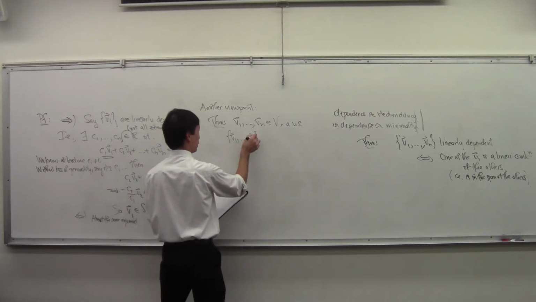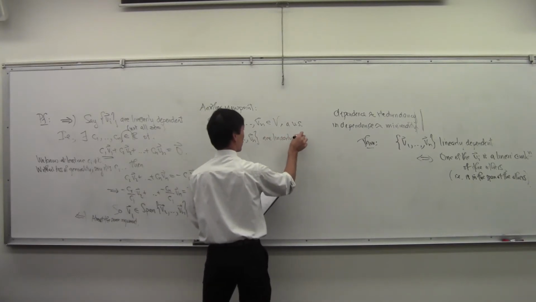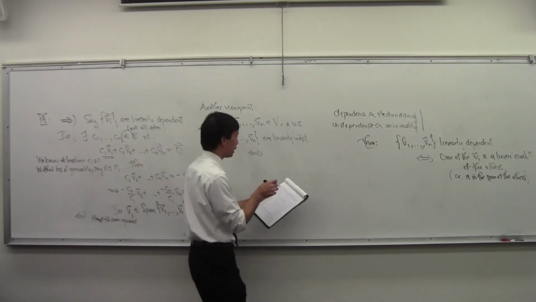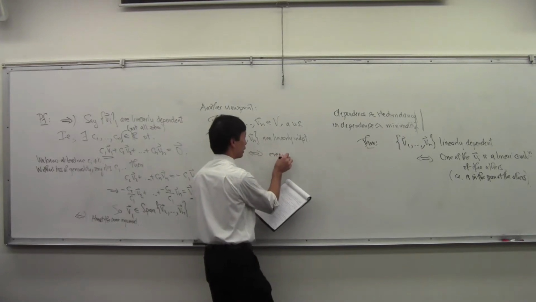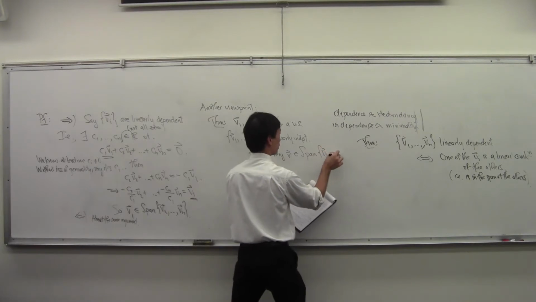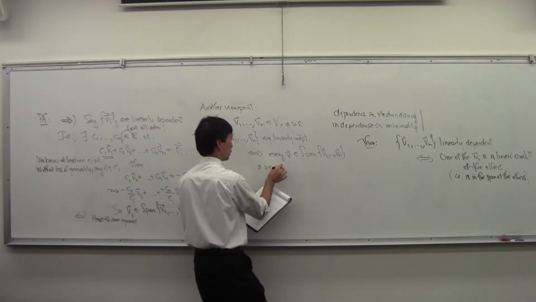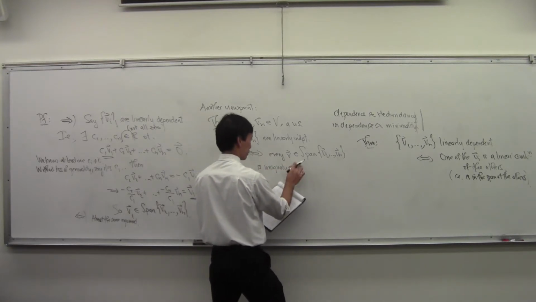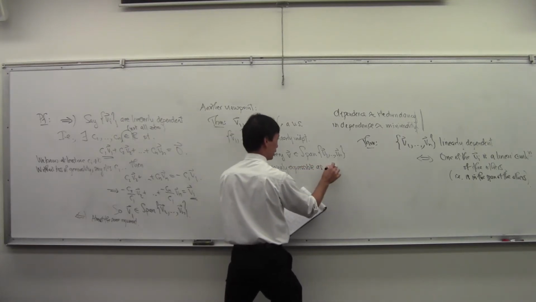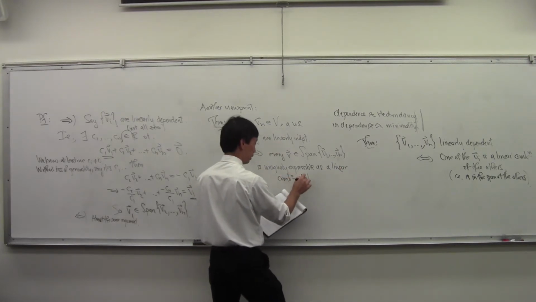Turns out that they are linearly independent if and only if, this is kind of a weird way of saying it, if and only if every vector in the span of those guys is uniquely expressible as a linear combination of the VIs.